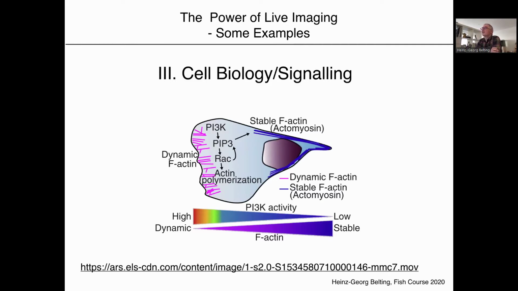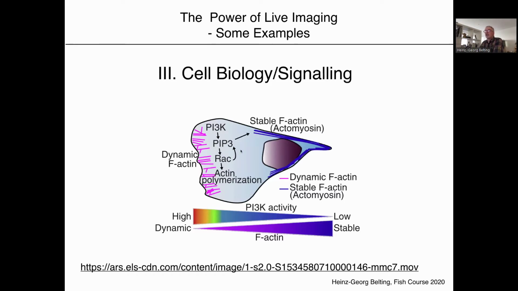And what was done here was we had a laser that can activate the PI3 kinase pathway. What this pathway does is important for the formation of lamellipodia in front of the cell. So this pathway gives the cell orientation and tells the cell where to go, because where this pathway is activated, this cell will form a lamellipodium, and this is where the cell is going to go.